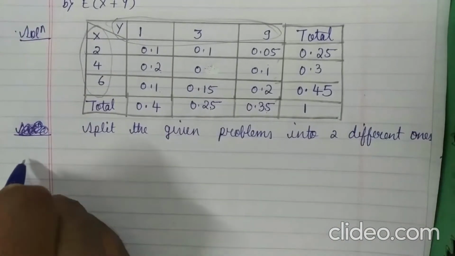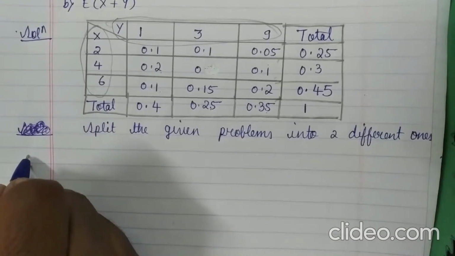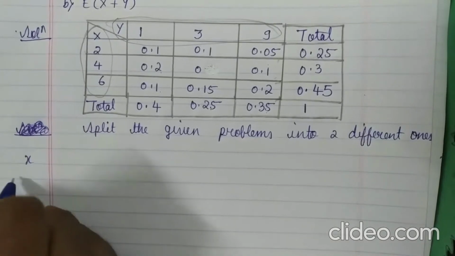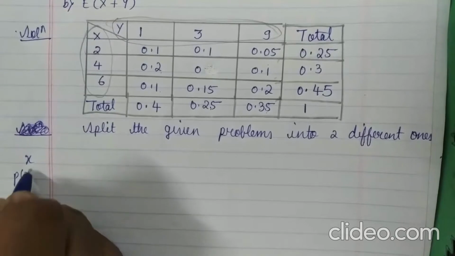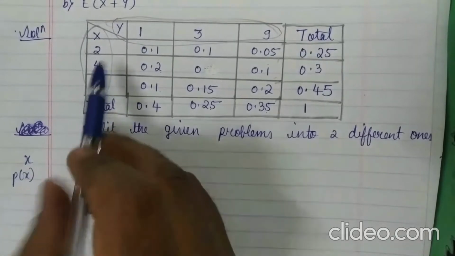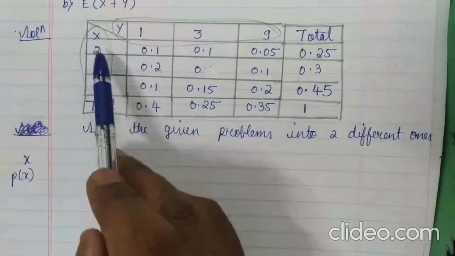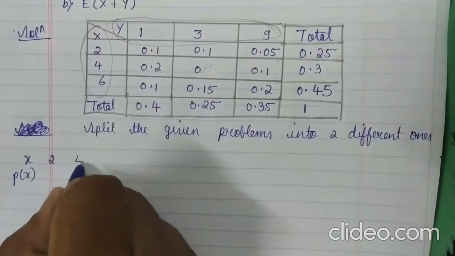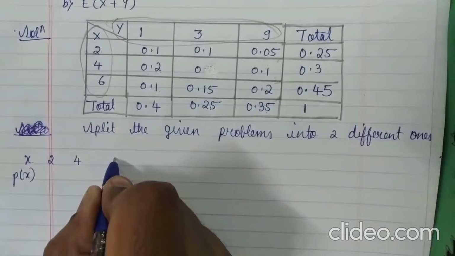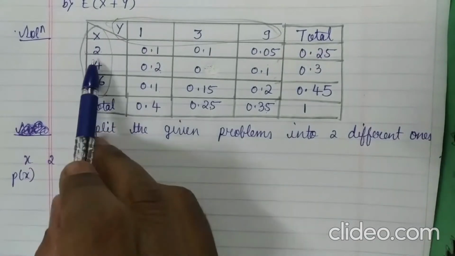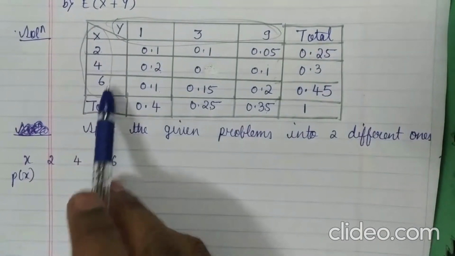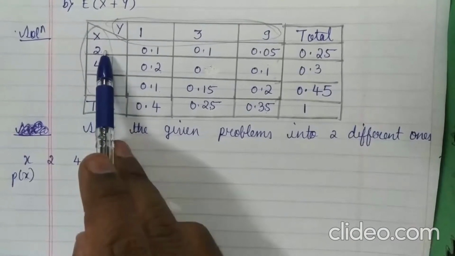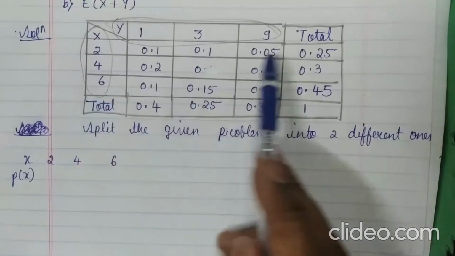I'll write the x values first, and P of x. What are the x values? X values are 2, 4 and 6. What are the P of x values for this? That is probability. Probability that x will take value 2 is 0.25.